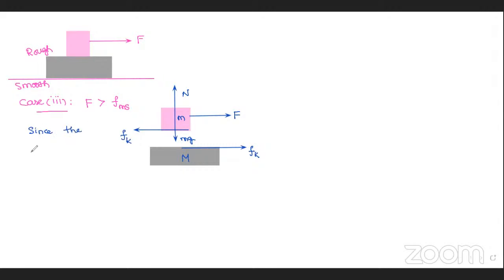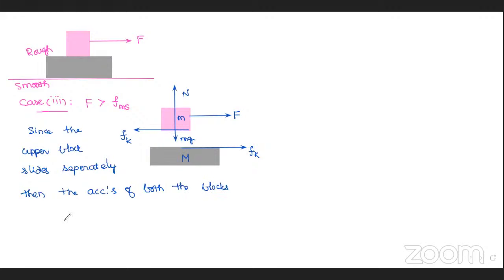Since the upper block slides separately. Why? Because the force is more than the friction. That's why they won't move commonly, but separately. Then the accelerations of both the blocks are separate.